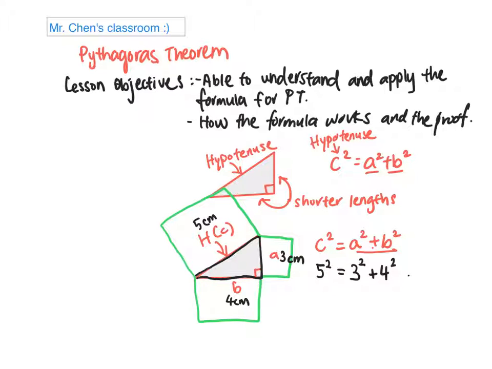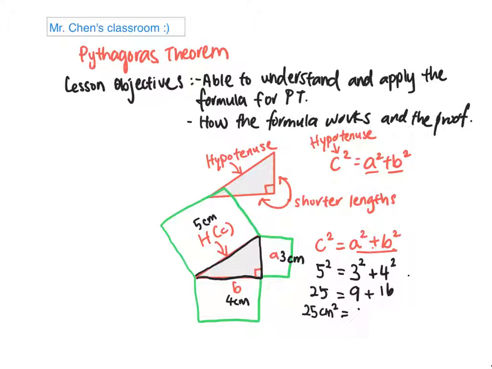As we know, 5 squared is 5 times 5, which is 25. And 3 squared is 3 times 3, which is 9. And 4 squared is 4 times 4, which is 16. So this will become 25 centimeters squared, because that's the area, that's why we squared it.